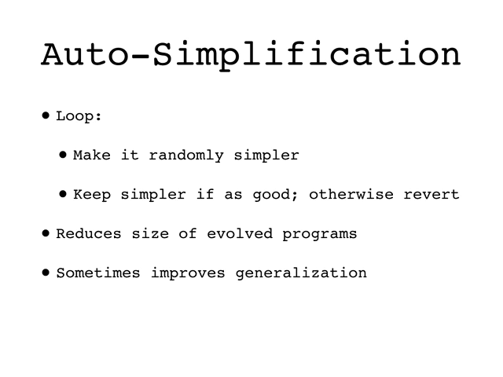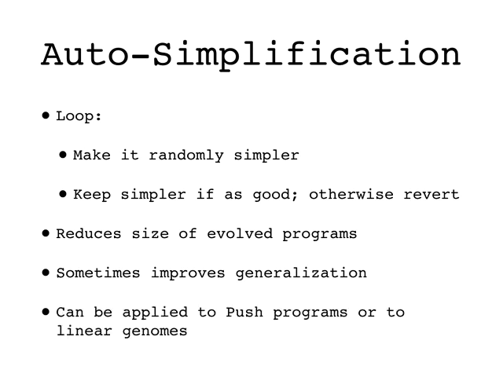Other tests have shown that the simplified programs are in some cases more general than the original unsimplified programs, in the sense that they are more likely to work correctly for inputs that were not used for testing during program evolution. The loss of generalization from simplification appears to happen less frequently. This method can be applied either to Push programs themselves or to linear genomes for Push programs.